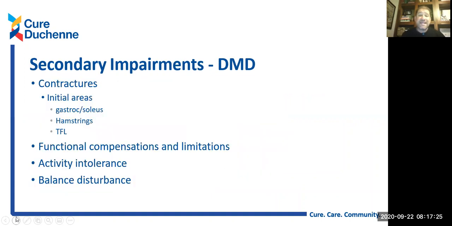And so the secondary impairments, the consequences of those initial impairments: we'll start to see contractures in those muscles, in the heel cords, in the hip flexors, as well as the low back extensors. A lordosis is common with these kids. That's where we will initially start to see these contractures.